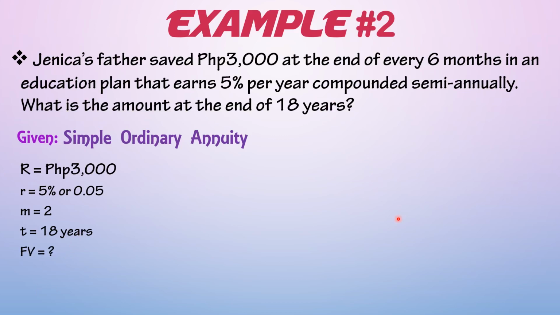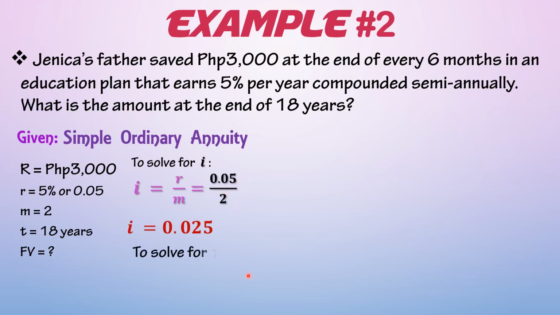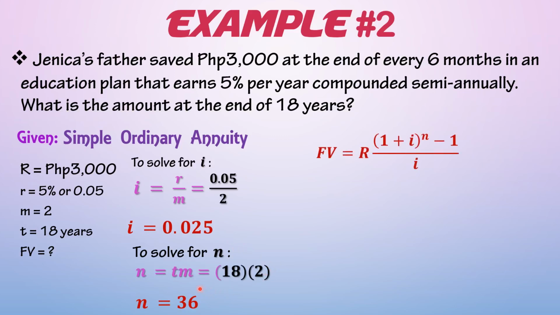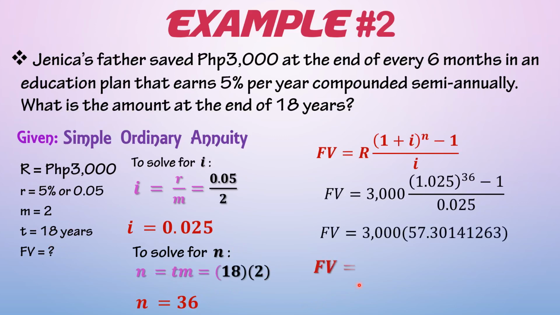And then you are asked to find the value of the future value. And then again, let's solve first for the value of I. You will have 0.05 divided by 2. That will give you an exact value of 0.025. And then to solve for n, we have t times m. Your time is 18 years times 2, so that will give us 36.